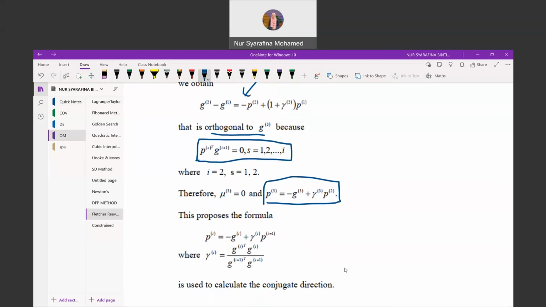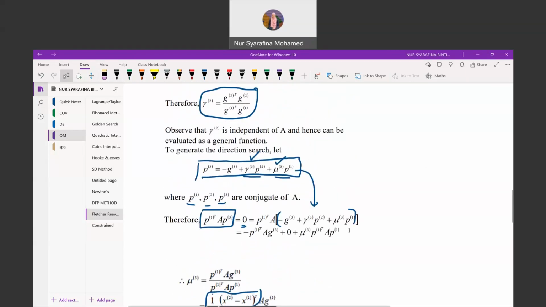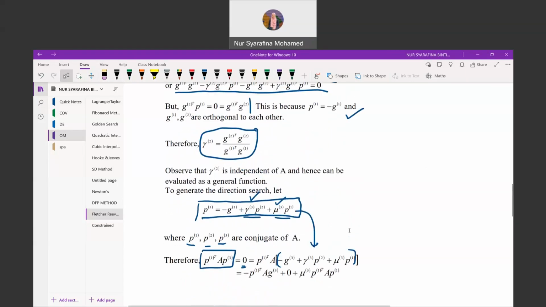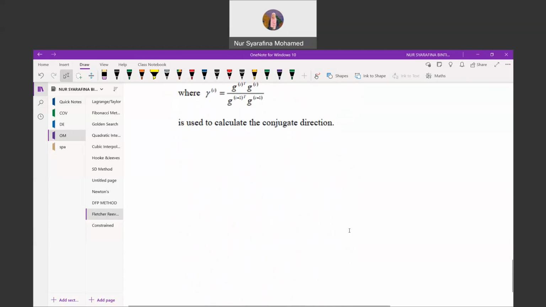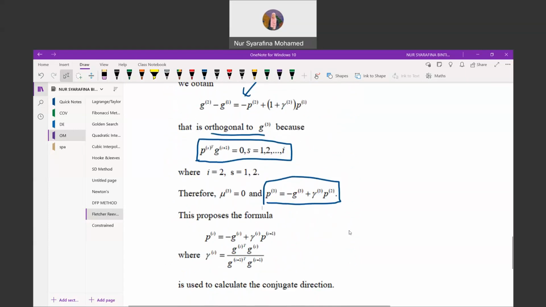So this proposes the formula. By looking at this one by one, generally it can be simplified to this function where Pi is actually minus Gi plus gamma i Pi minus 1, and gamma i is given by Gi transpose Gi divided by Gi minus 1 transpose Gi minus 1. So this gamma is used to calculate the conjugate direction.